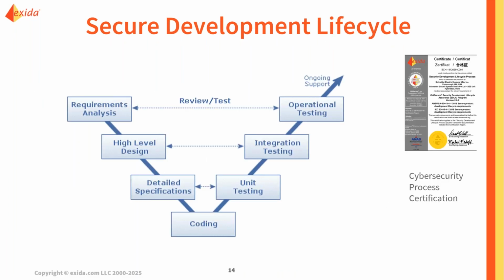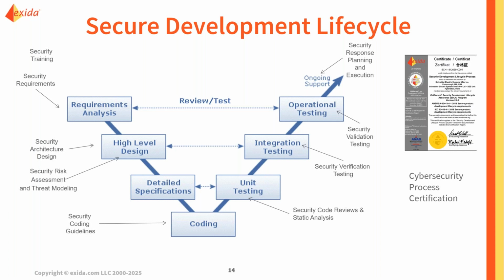So if we start by looking at the secure development lifecycle, here we have an example of building it onto a typical V model, but we can apply this to an agile development lifecycle as well. But really what we need to do is at each step in the development lifecycle, we need to build in the security elements of that step.